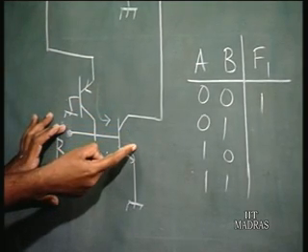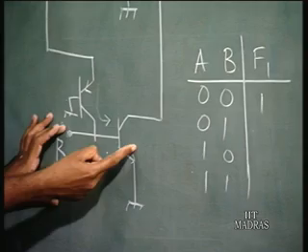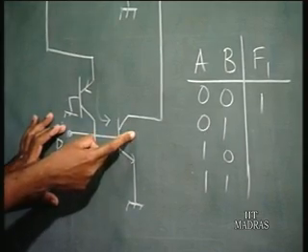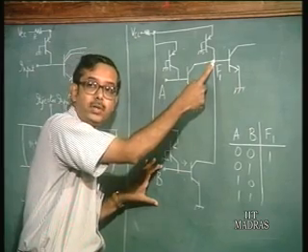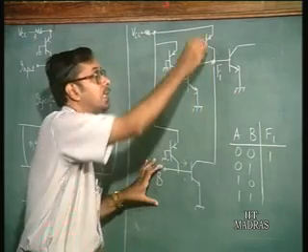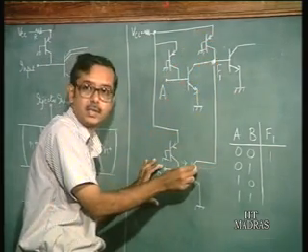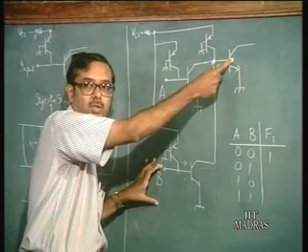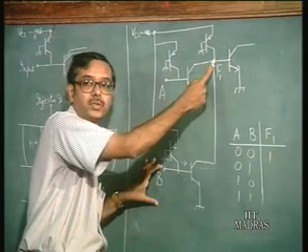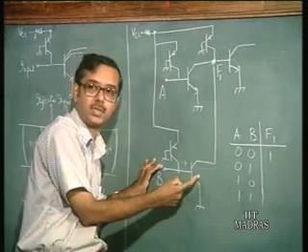This transistor goes to saturation, and when this transistor goes to saturation, this voltage here is pulled low, because this current will flow into the collector of this transistor, and here this transistor is not going to get any current. So this point is going to go low, this transistor goes to saturation.